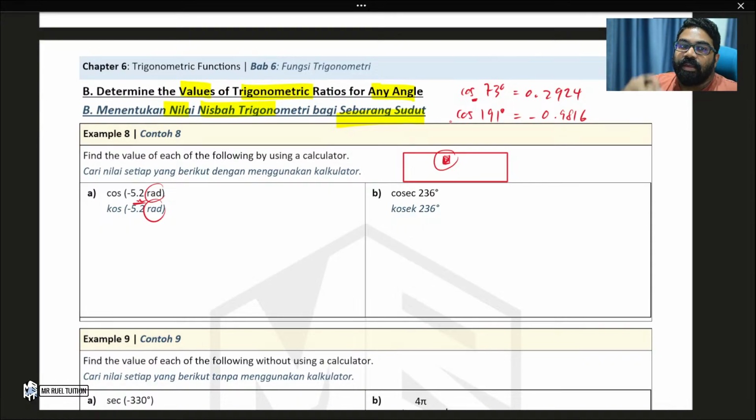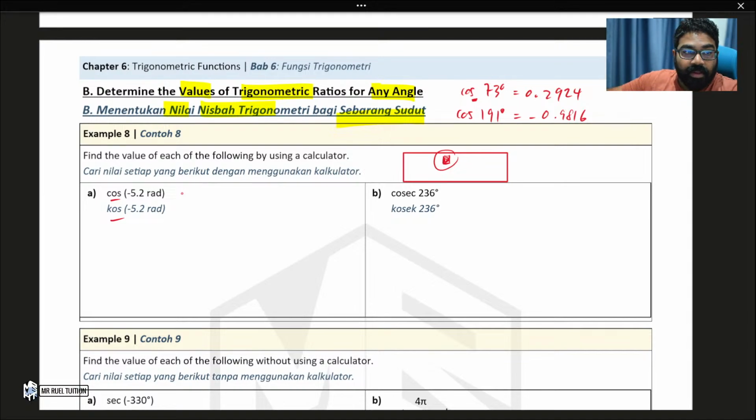Do what we did in chapter 1. Remember what we did in chapter 1? Whenever we have a trigonometric ratio, change to degrees. Understand or not?